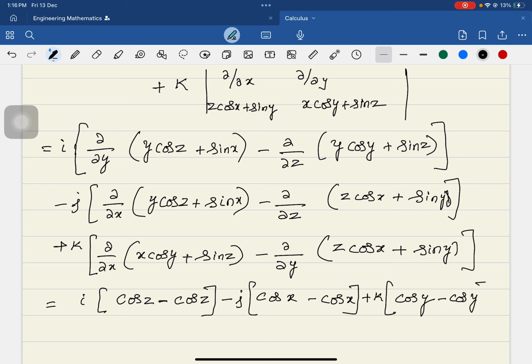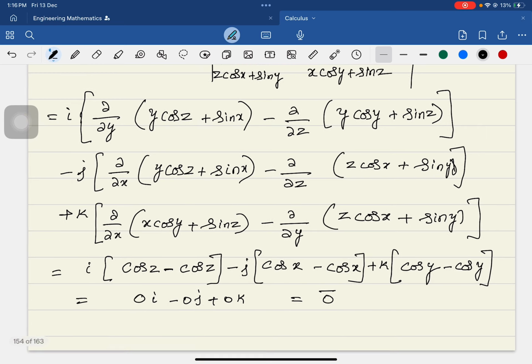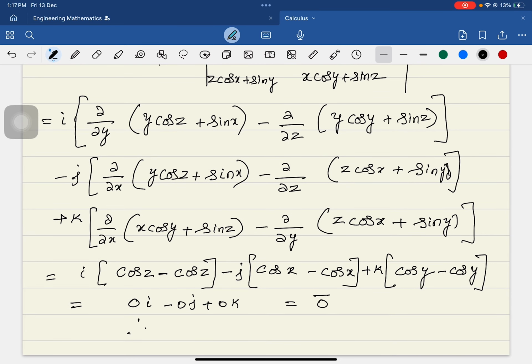See this now, what happened here? All the components are 0. 0i, 0j, 0k. So it is nothing but the 0 vector. 0i minus 0j plus 0k is nothing but the zero vector. Therefore, what can you say about the given function?